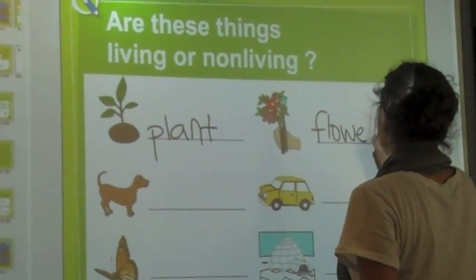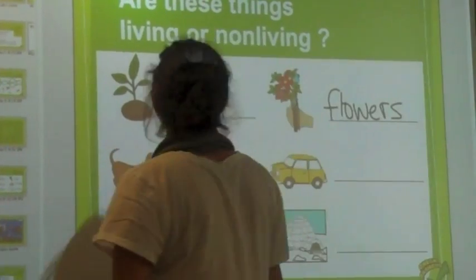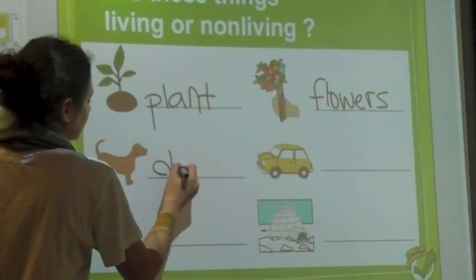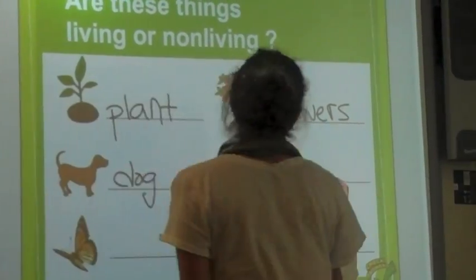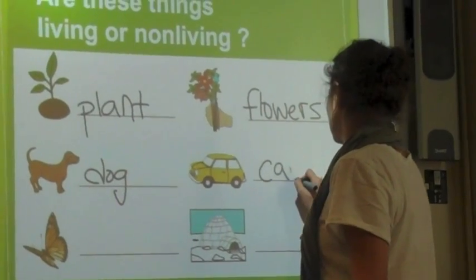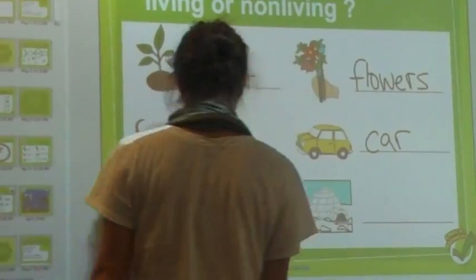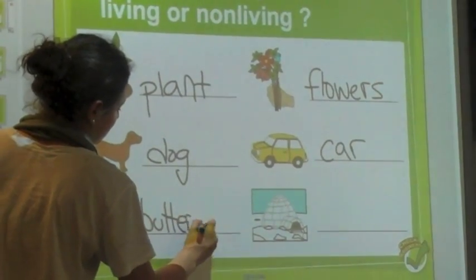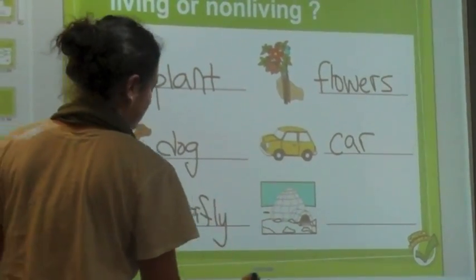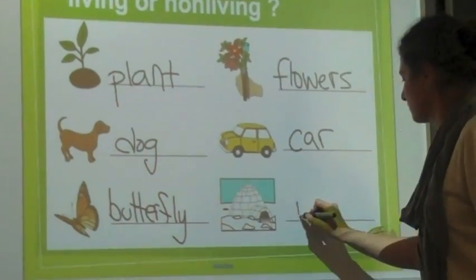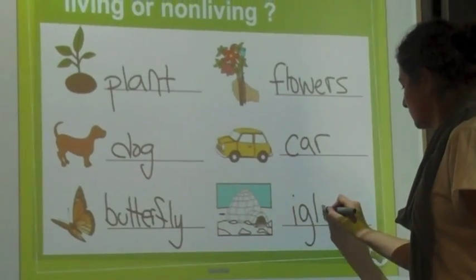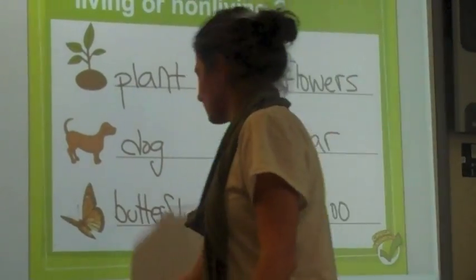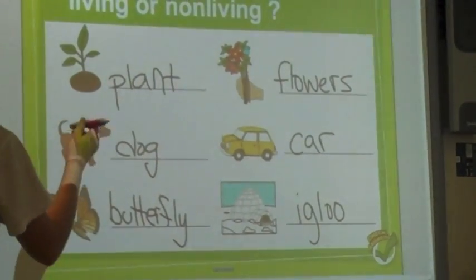Flowers, dog, taxi, car, a butterfly, and an igloo. Now, which things do we think are living and non-living?